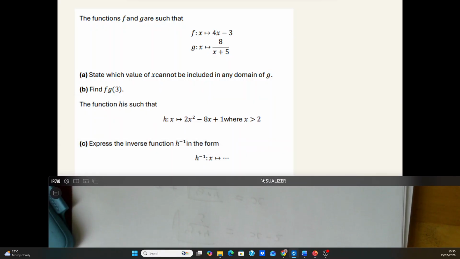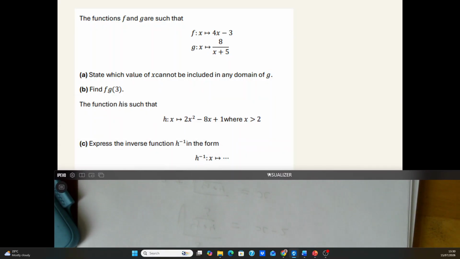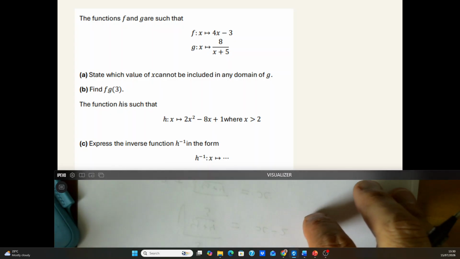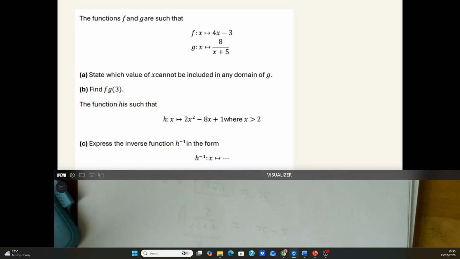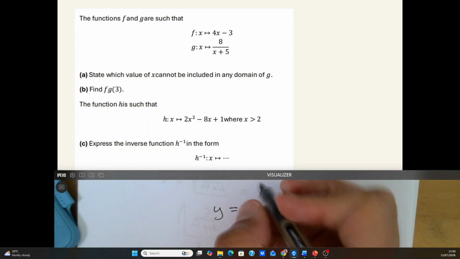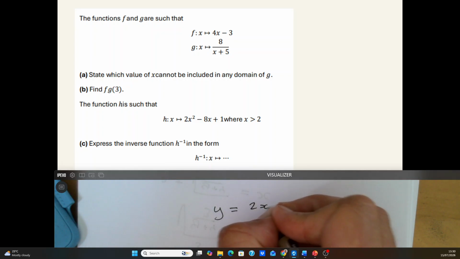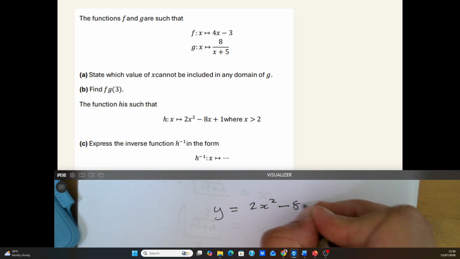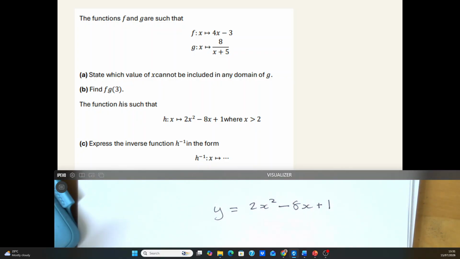Right, I didn't need to talk you through that one because I think if you're on this clip, you should just be able to do that one. Right. What is the first stage I need to do if I'm finding the inverse function? That's right. y equals 2x squared minus 8x plus 1.